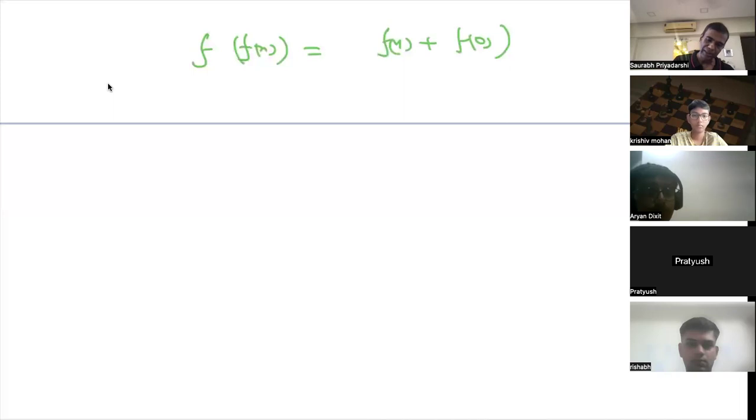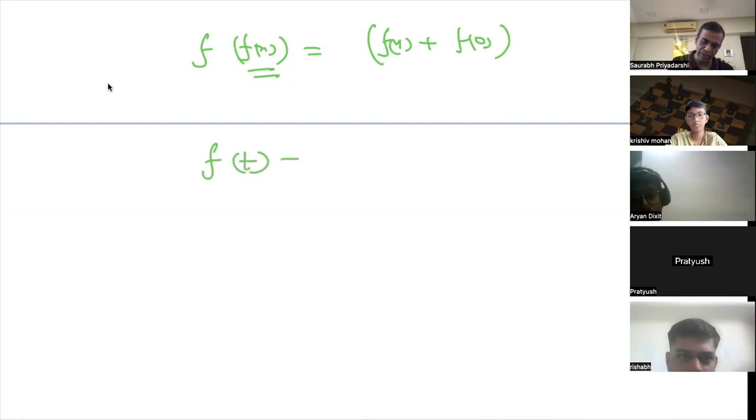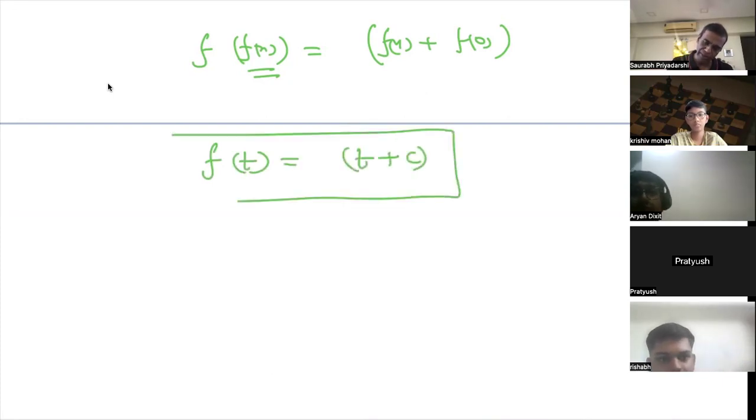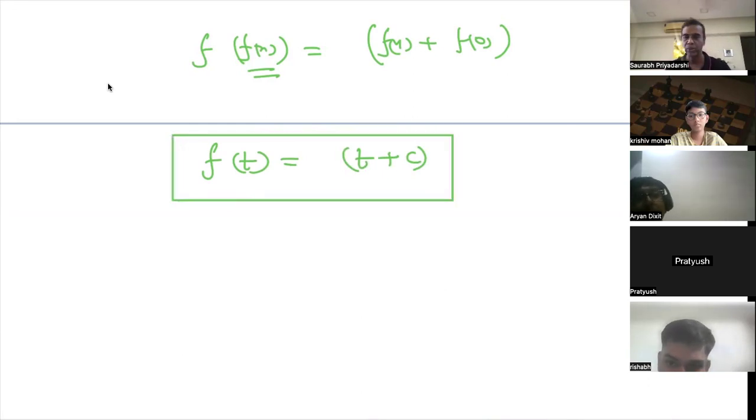Since we know that this is a monotonic, one-one function, the values of f(x) I'm getting as t, so f of t is equal to t plus some constant c. Again, you are getting the same answer. Good, Pratyush. Yes, sir. In a different approach, you can get the same thing.